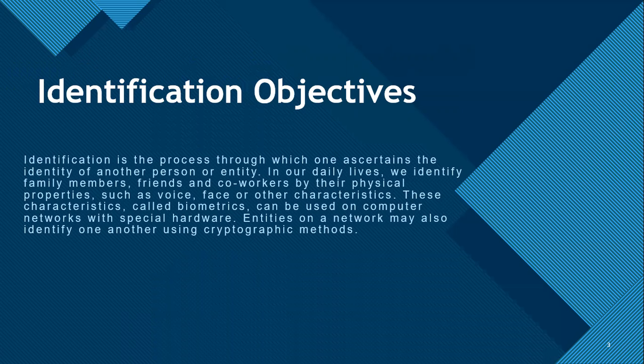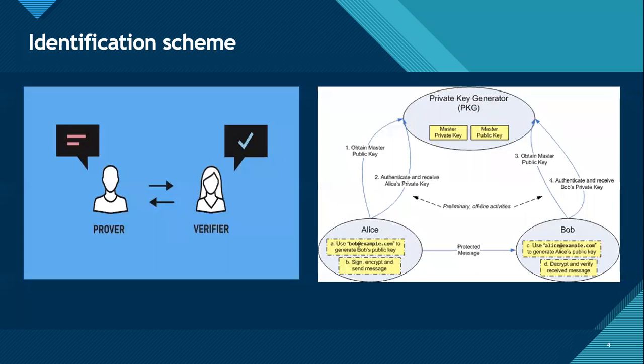One example of an identification scheme is a zero-knowledge protocol. A zero-knowledge protocol allows a person, server, or website to demonstrate they have a certain piece of information without giving it away to the person or entity they are convincing. Now, if we take the example of Alice and Bob, suppose Alice knows how to solve the Rubik's Cube and wants to convince Bob she can do so without giving away the solution.